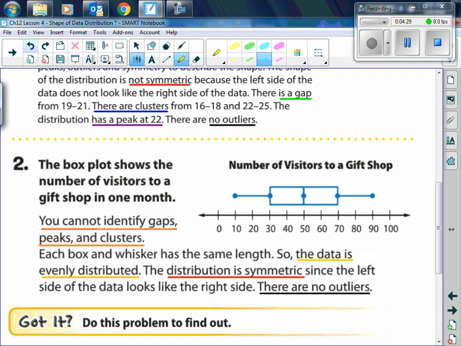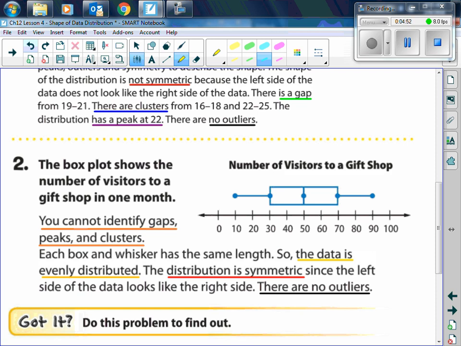Let's see. Each box in the box and whisker plot has the same length. Does everybody see that? They're both 20. So the data is evenly distributed. The distribution is symmetric since the left side looks just like the right side. And you can see there are no outliers.